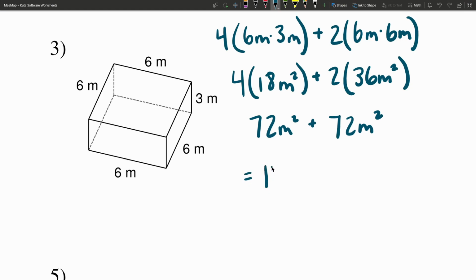So we have 144 meters squared as our surface area for number 3.